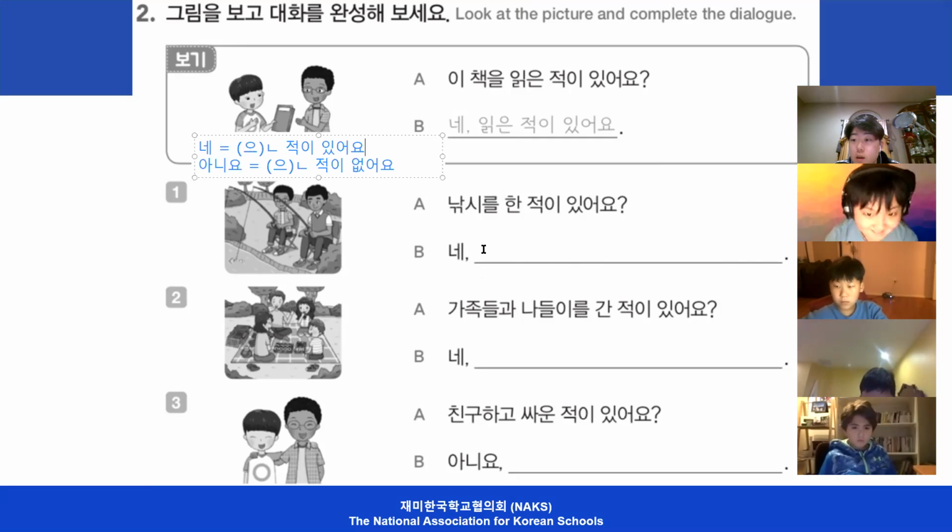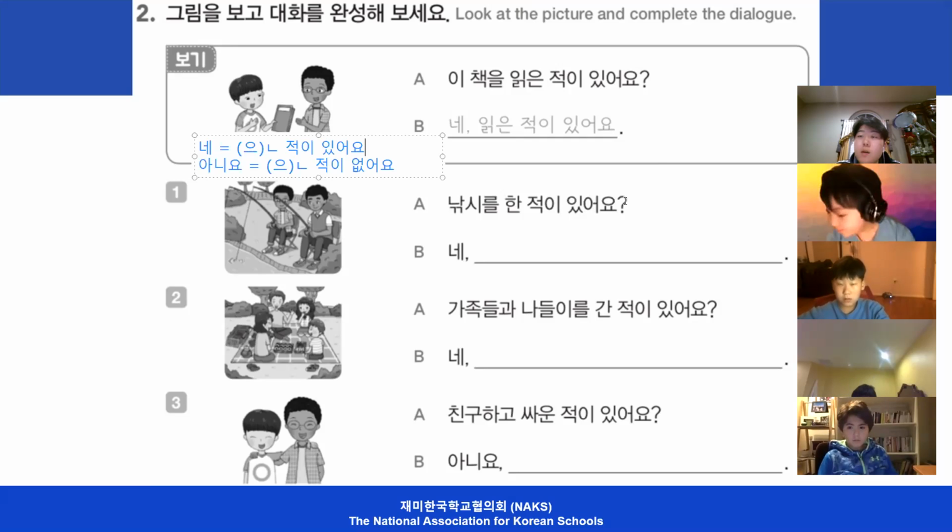Can you say the whole sentence? Start with 네. 네, 한 적이 있어요. Okay. So you're technically right, but you didn't specify the verb. I would like for you to use the verb.